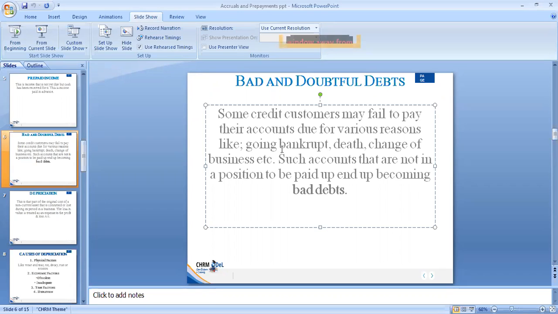Then we have got debts we call doubtful. Doubtful debts are those debts that we are not so sure about. They might be paid or they might not be paid. Therefore, they are considered as doubtful. So note the difference, bad and doubtful. Bad, you have confirmed. Doubtful, you are not sure.